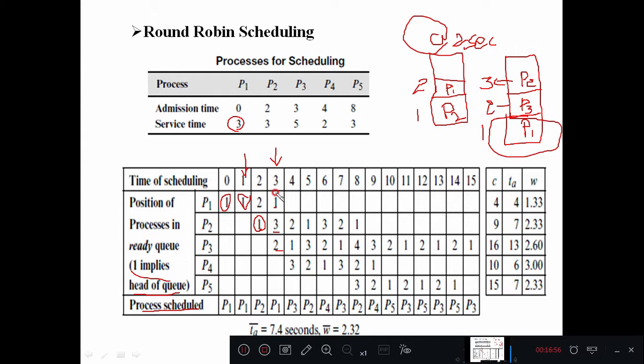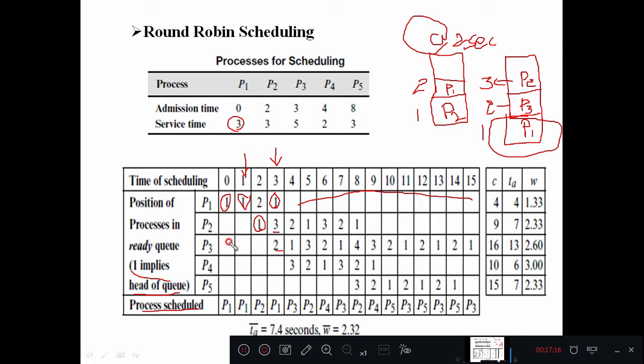That means first P1 is scheduled, and it completes its execution because its service time is equal to 3 seconds. It has been scheduled for 3 times, right? So it will complete its execution, and we can see there is no number in this table because that particular process P1 is removed from the memory, right?